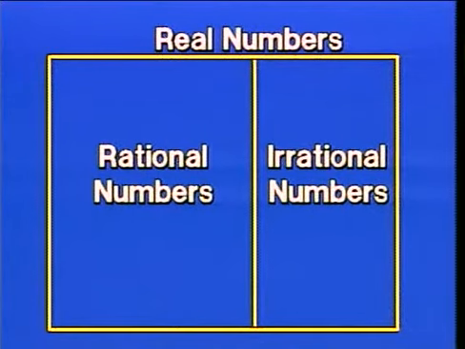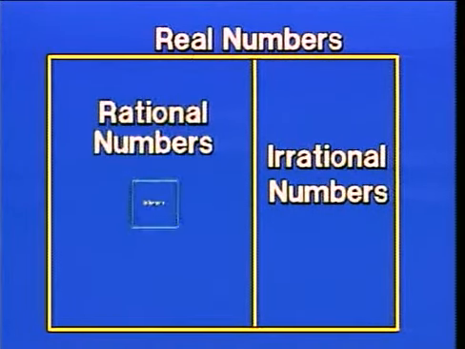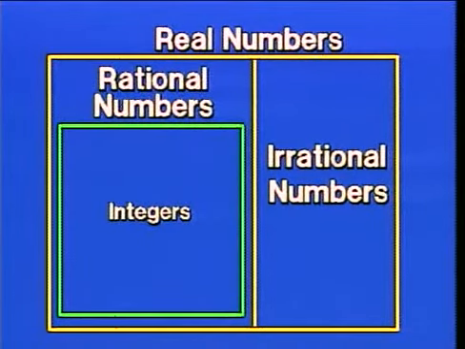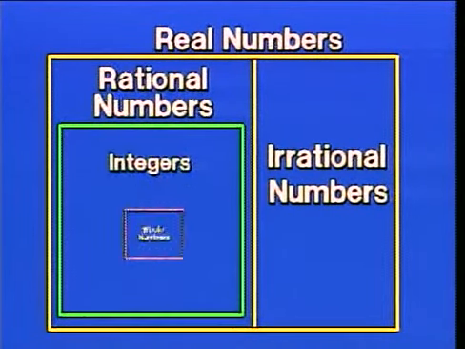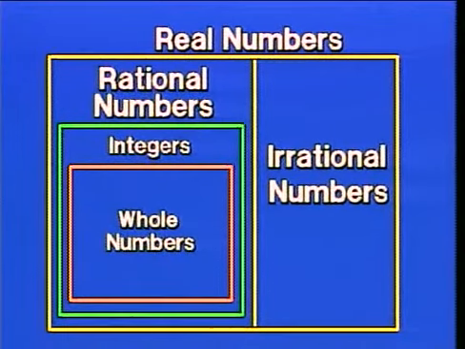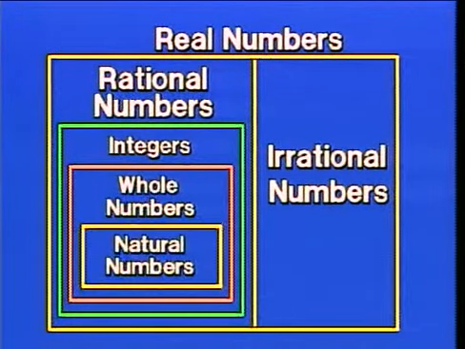The rational numbers, however, have a number of important subsets. First of all, we might think of the integers as being part of the rational numbers, but the integers have whole numbers as part of that set, and whole numbers are composed of natural numbers. So here's how all of these sets are related to one another. And we should be able to take a listing of numbers and place them into one or more of these various sets.